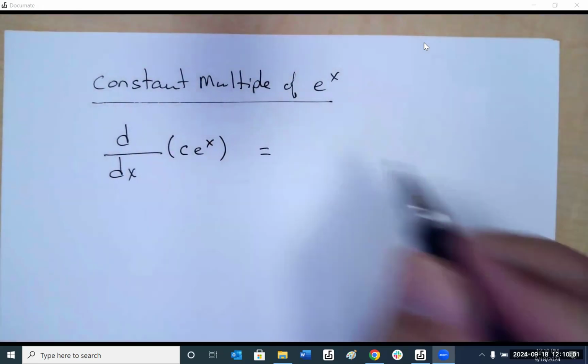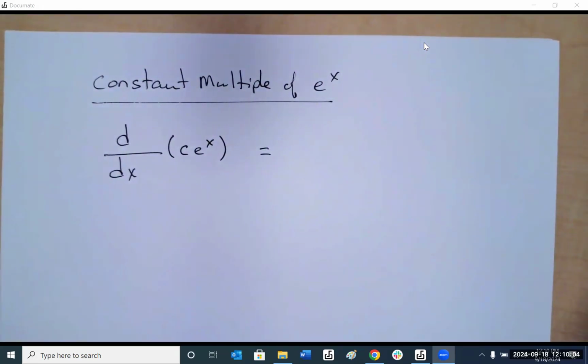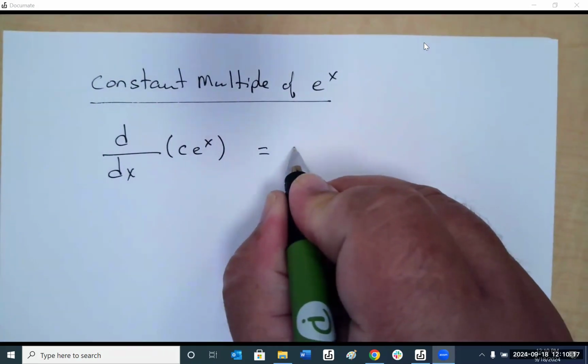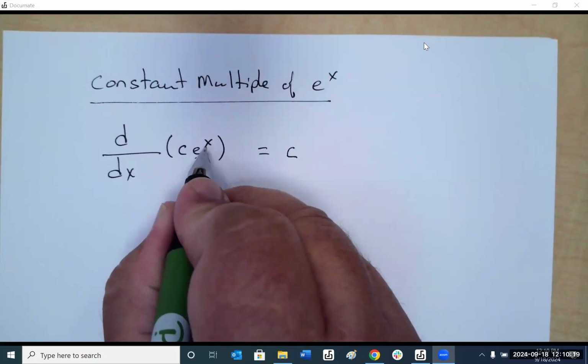What's the derivative going to be? Well, it's a constant, so leave it alone. What's the derivative of e to the power x?